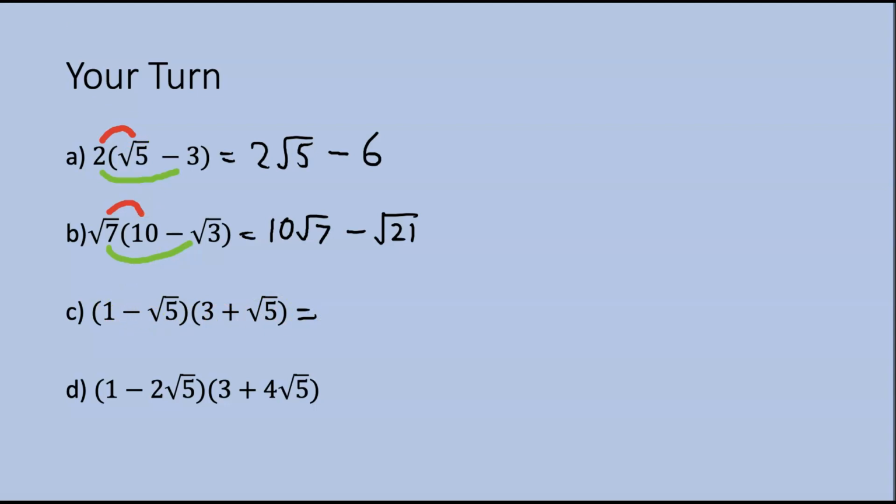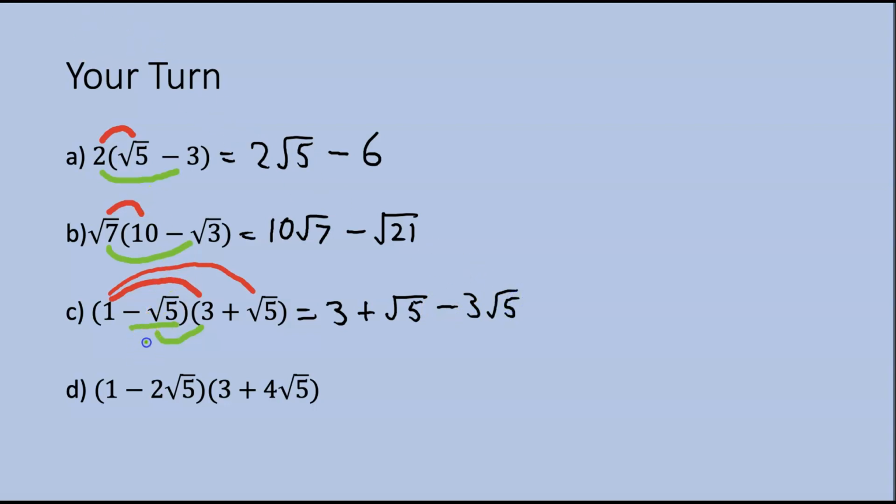Now I expand this one. 1 times 3 gives me 3. And 1 times root 5 gives me plus root 5. Now I multiply everything by minus root 5 here. Minus root 5 times 3 gives me minus 3 root 5.